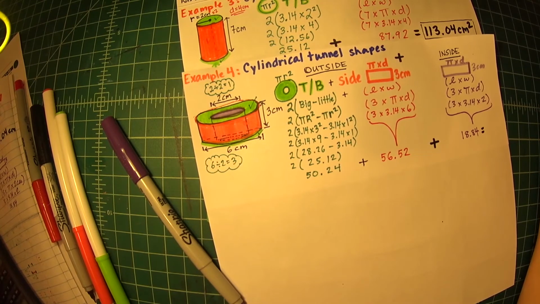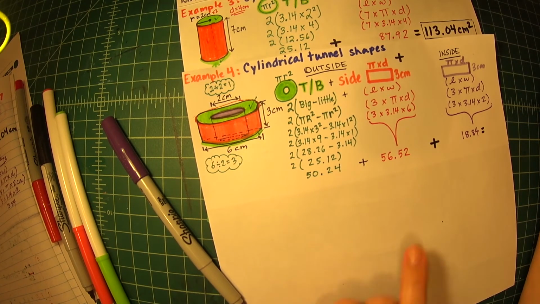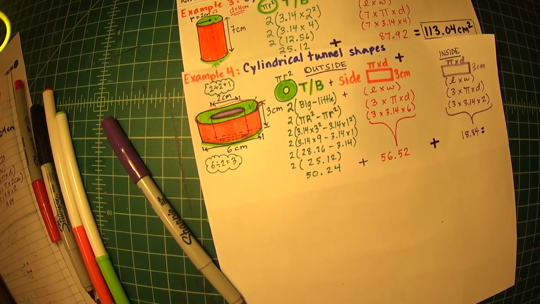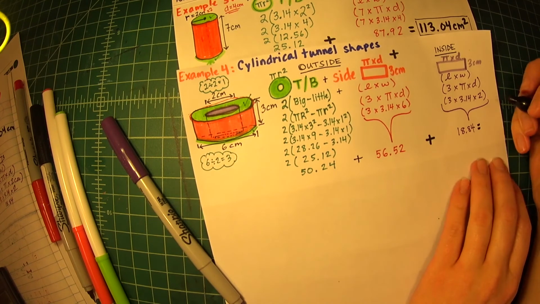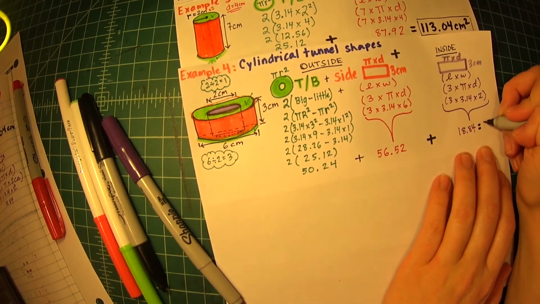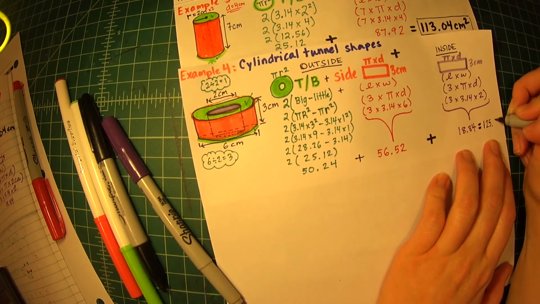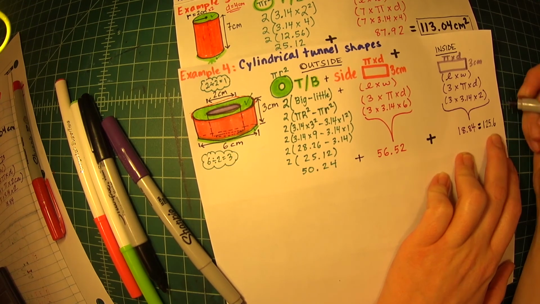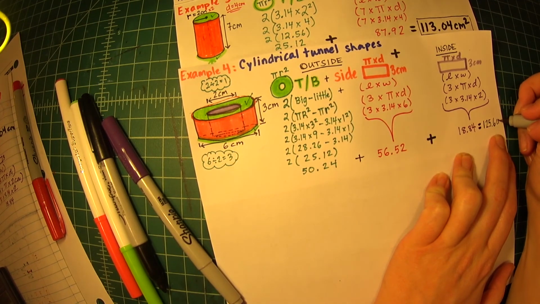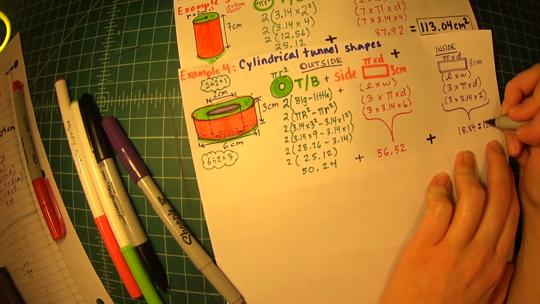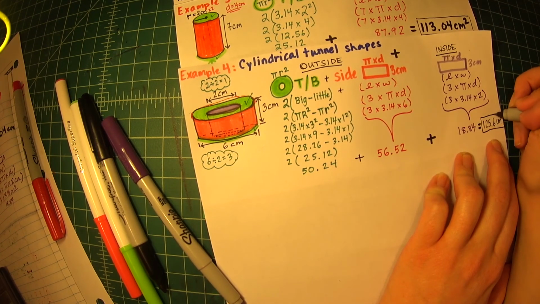So if I go 50.24 plus 56.52 plus 18.84 in my calculator, what do I end up with? 125.6, and my original units were all centimeters, and of course I am talking about area, so it's got to be centimeters squared. Okay, box it up, nice and neat.